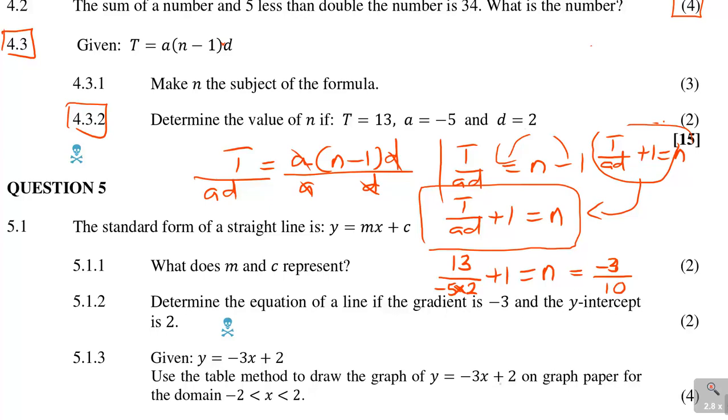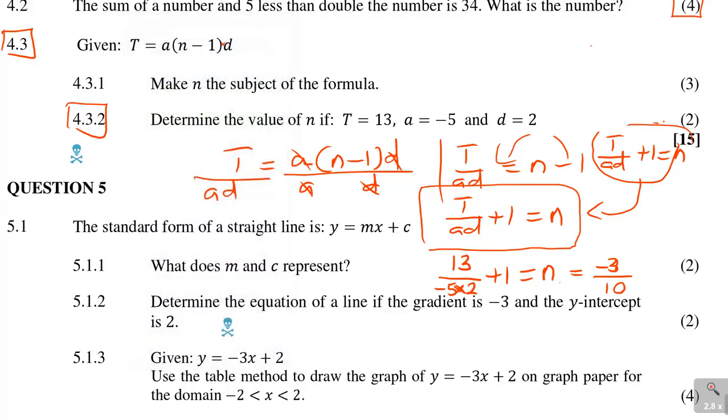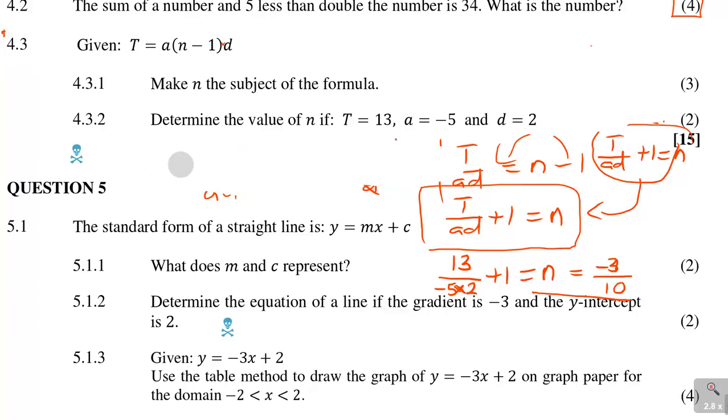Let me just check again. We say it is 13 over minus 5 times 2 plus 1. It's minus 3 over 10, yes. So that is the value of n there, n is equal to minus 3 over 10. So that is how you could have approached question 3.